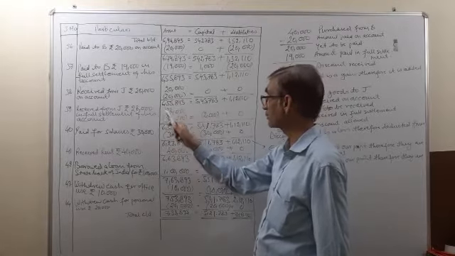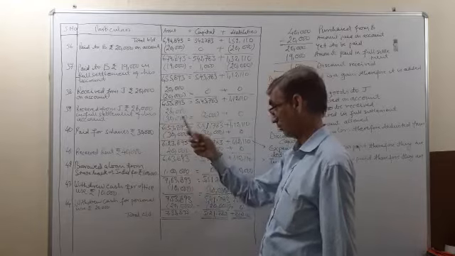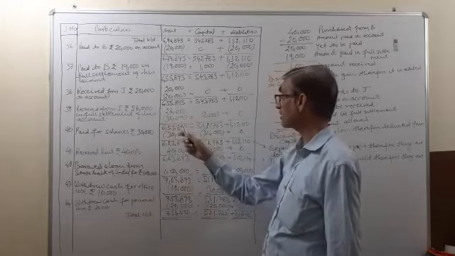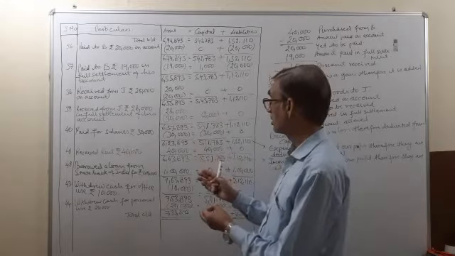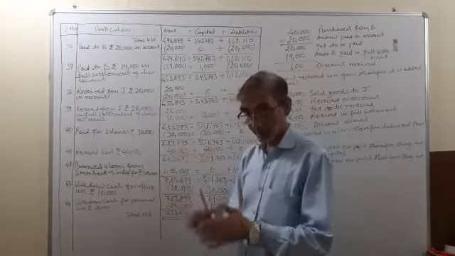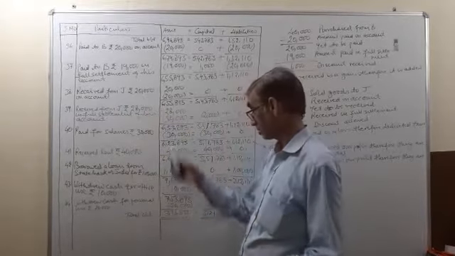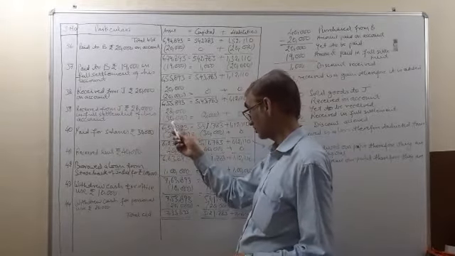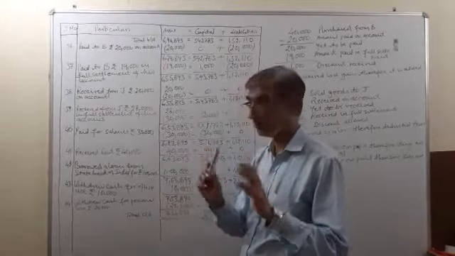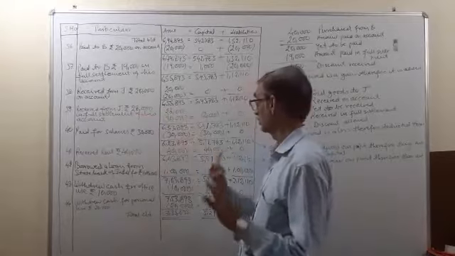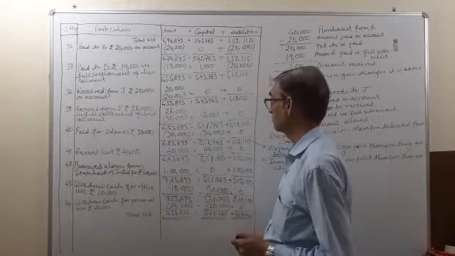It will be added to our assets because cash is coming in, and 30,000 is the amount of the debtor J whose account has been settled, is being closed. So complete 30,000 will be deducted from the assets on account of closure of a debtor's account, that is J's account, and no effect on liability.